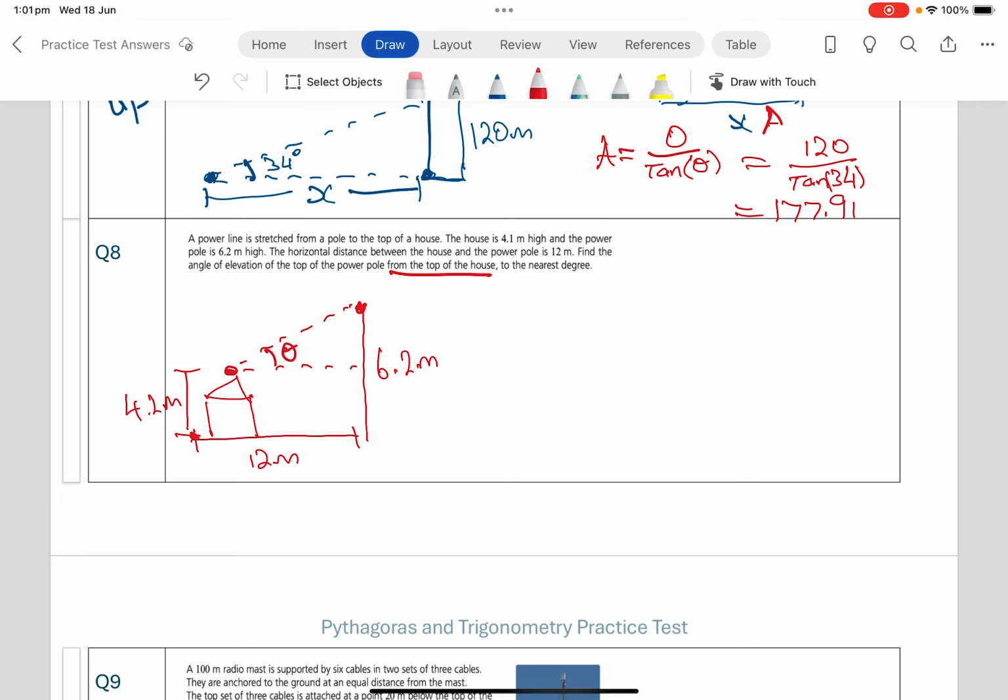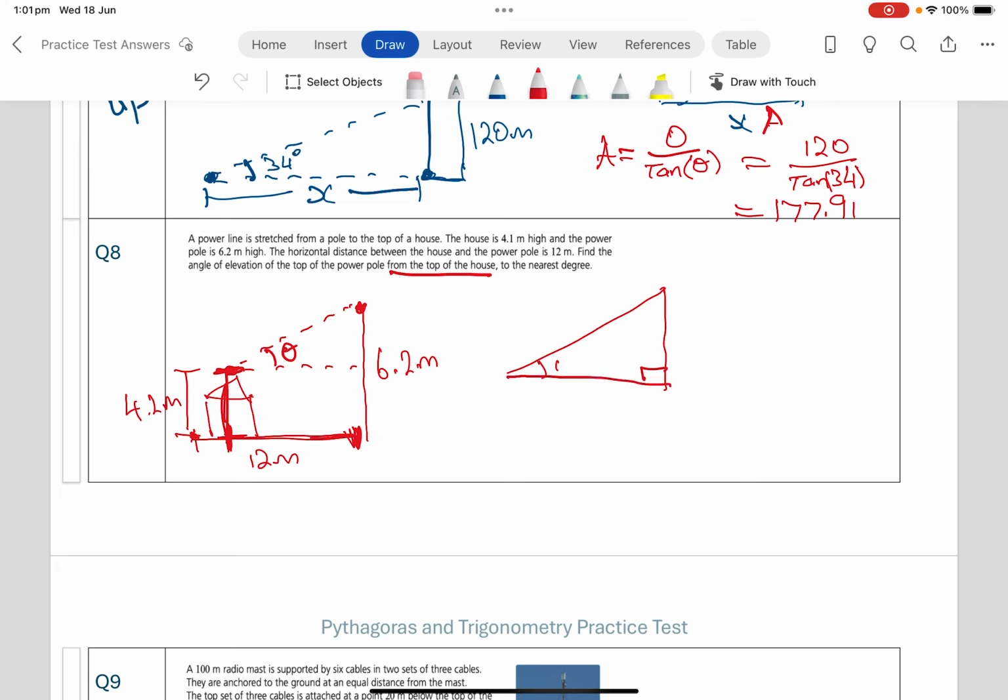But really, when it says the house is 12 meters from the power pole, that 12 meters is from here to here. The point of the house where we're standing to there is 12 meters, and the height of 4.2 still applies there too.